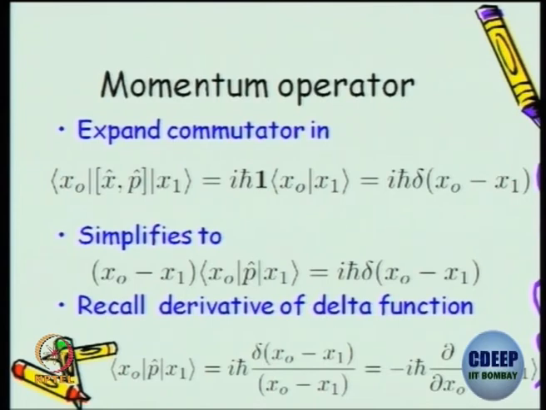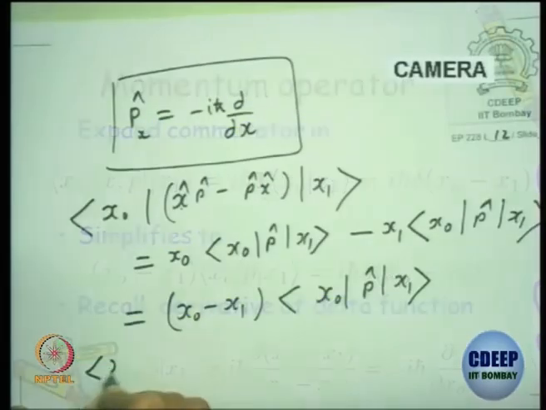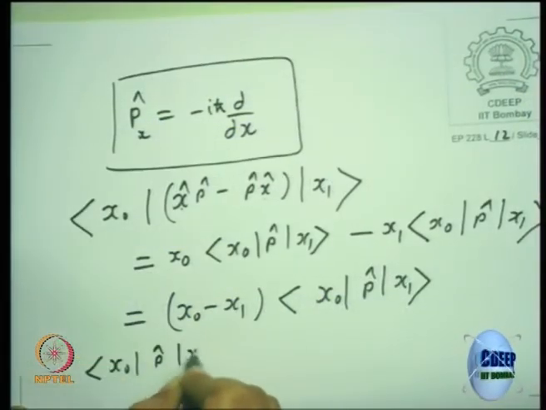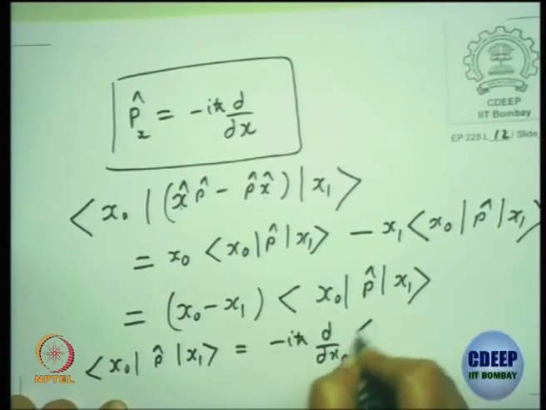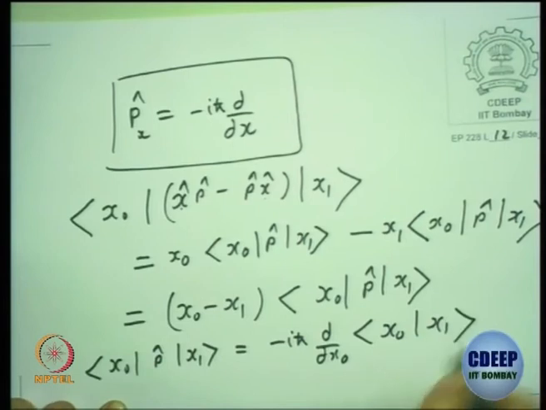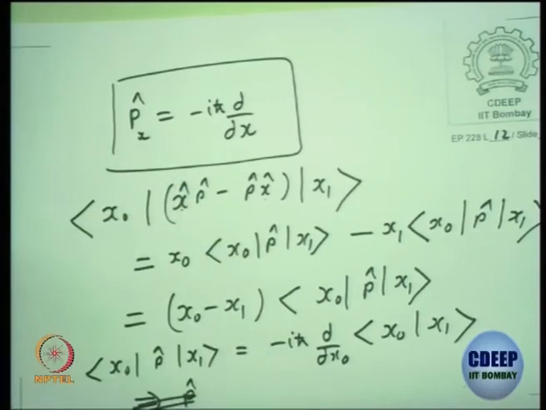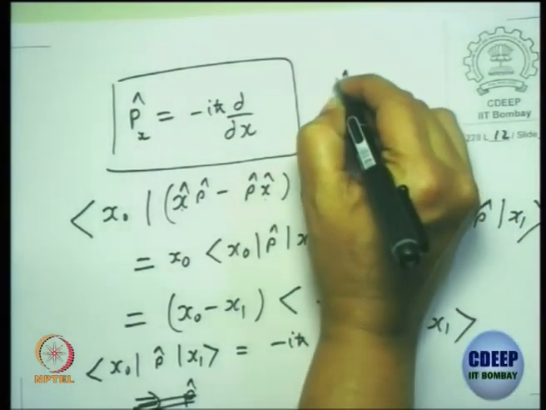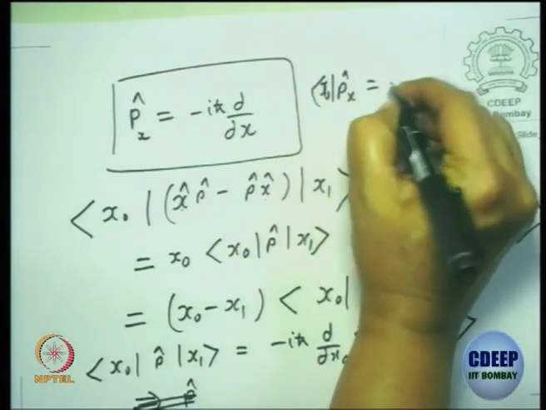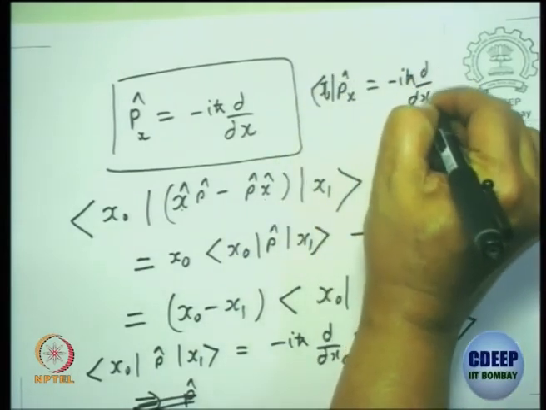Is that clear? So this is all we are trying to say. So this implies the momentum operator, it implies this top equation. Momentum operator is minus iħ ∂/∂x, and if this operator px operates on x0, then it will give you minus iħ ∂/∂x0.